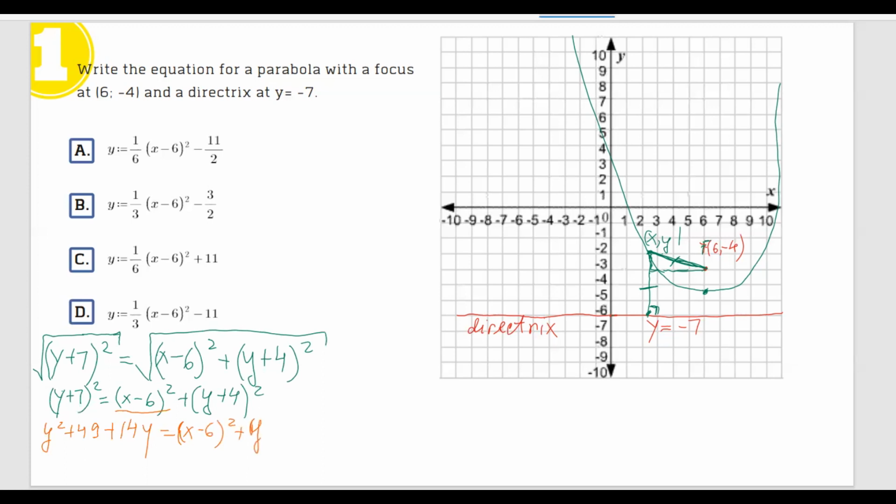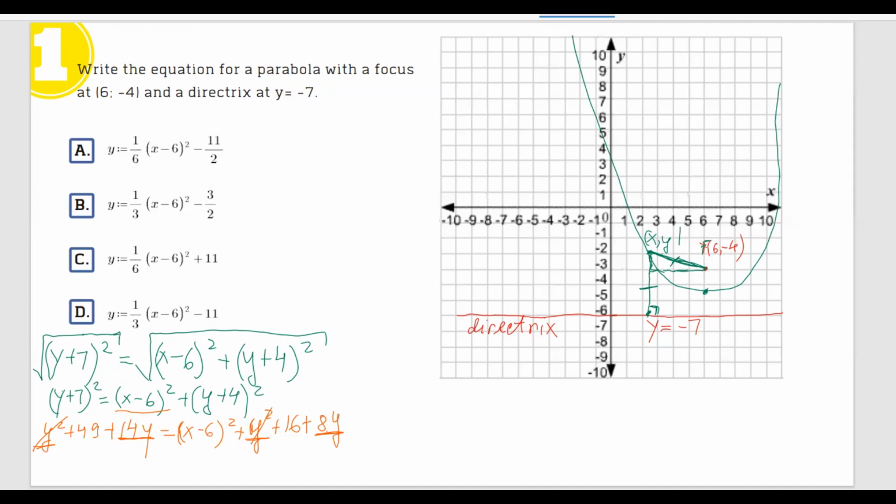We're going to have y squared plus 16 plus 8y. And looking at both sides, the y squared terms are going to cancel each other out. And we're going to be left with, we have 14y here, we have 8y here.